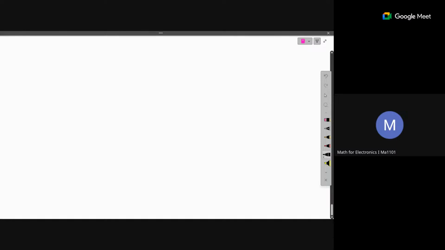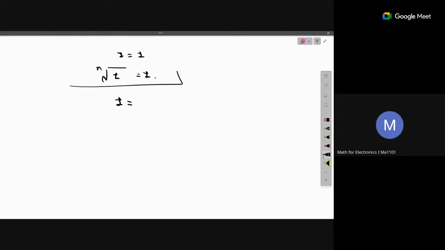Ultimately we know that 1 is equal to 1. If you take the nth root here, the nth root of 1 is also equal to 1. Now this 1 can also be written as e to the power i 2 pi.